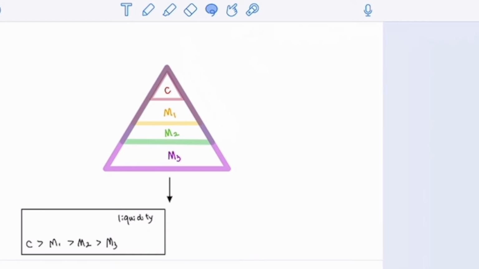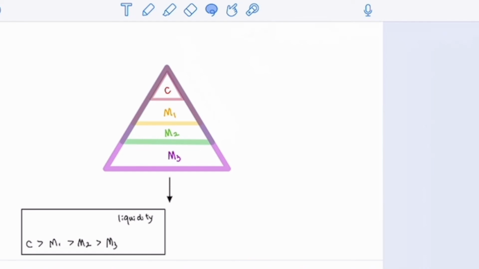Moreover, when we are talking about M2, which is about the saving deposit or the small time deposit, because it is a time deposit, you cannot just withdraw the money from the bank. When we are talking about the time deposit, it means that you sign a contract with the bank, saying that you want to have the deposit, for example, for 3 months or a year.